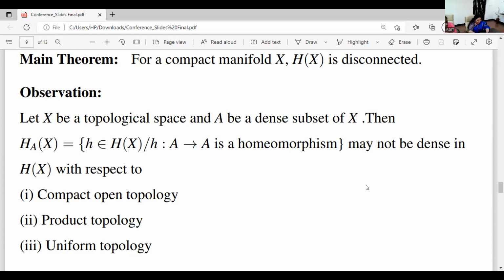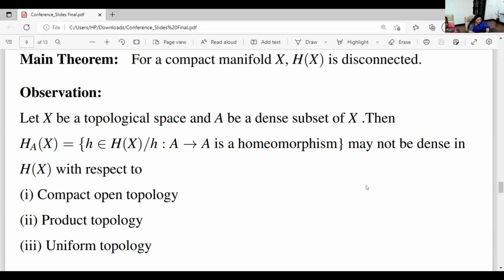When you say the compact open topology, is this true for the finite complement topology? Because you take a finite homeomorphism. Which topology? The finite complement topology, or the infinite complement topology. Talk about the homeomorphism.